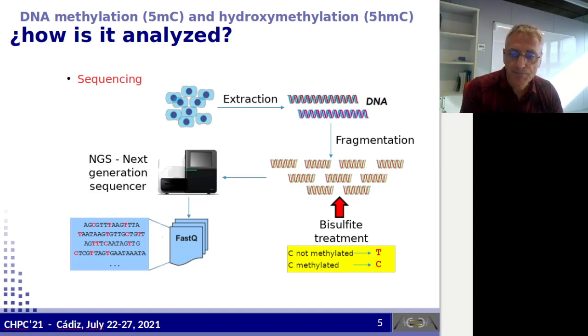At this point, bisulfite is added to the resulting DNA reads. Bisulfite treatment converts unmethylated cytosines into thymines, while leaving methylated cytosines unchanged. Finally, the bisulfite reads are processed by a sequencer, which, reading each read, yields a text containing the sequence of nucleotides in this read, together with other meta-information like the quality of the reads.